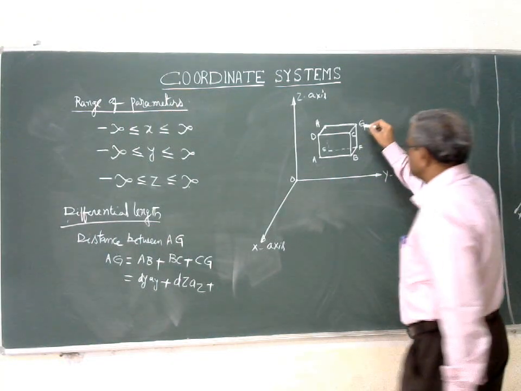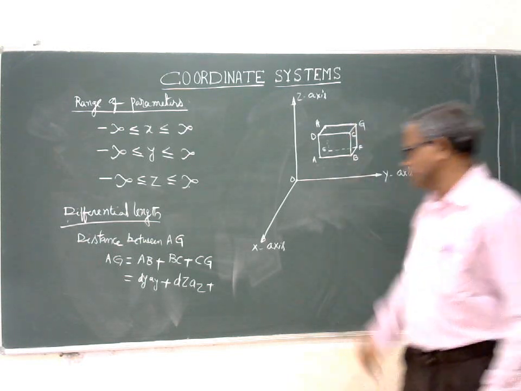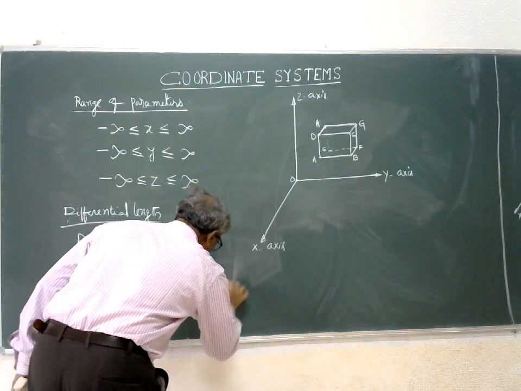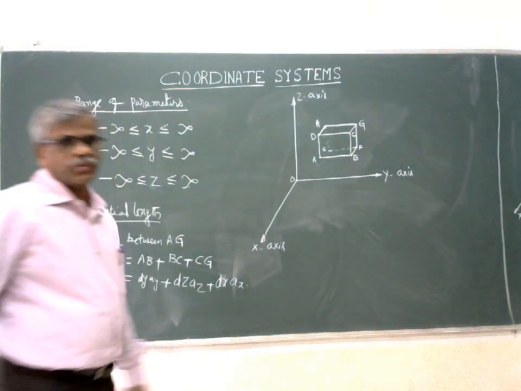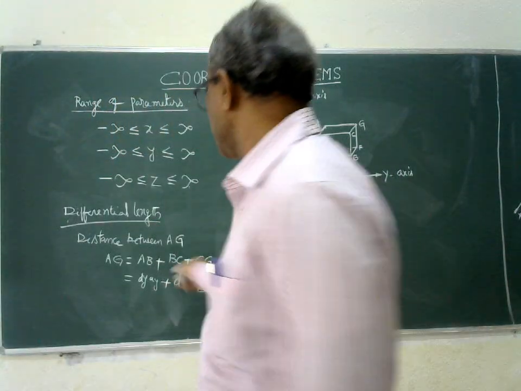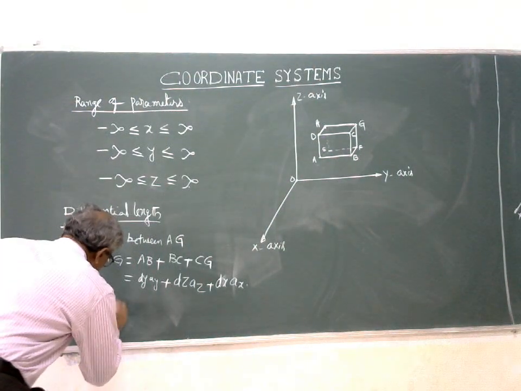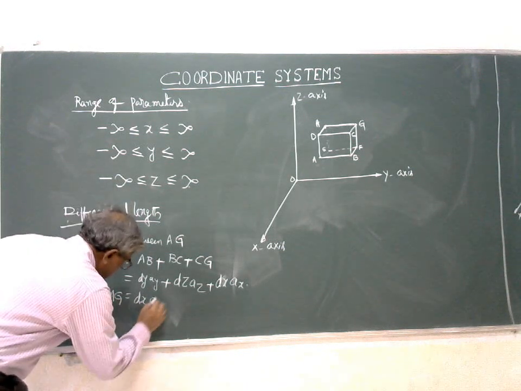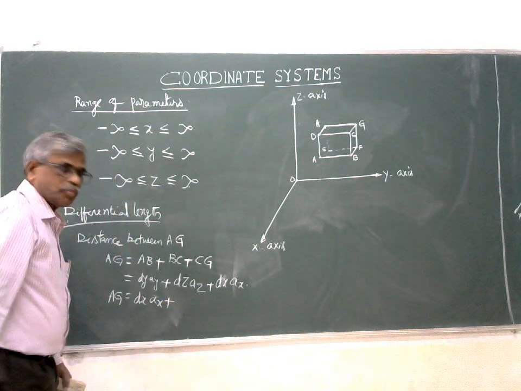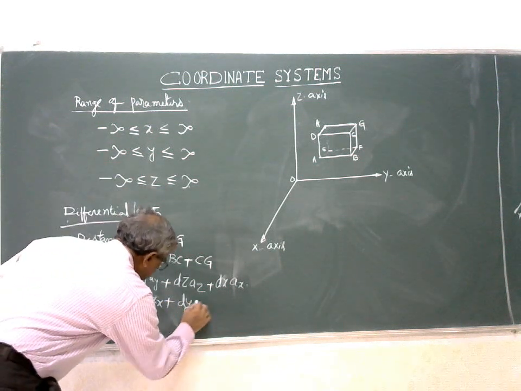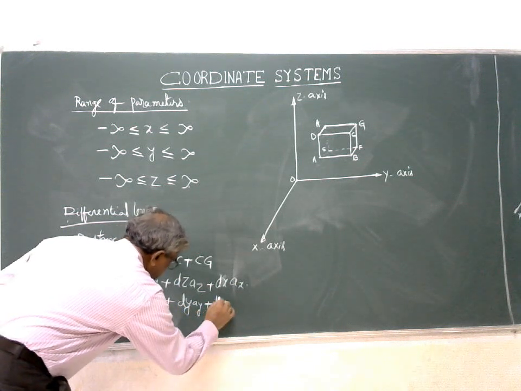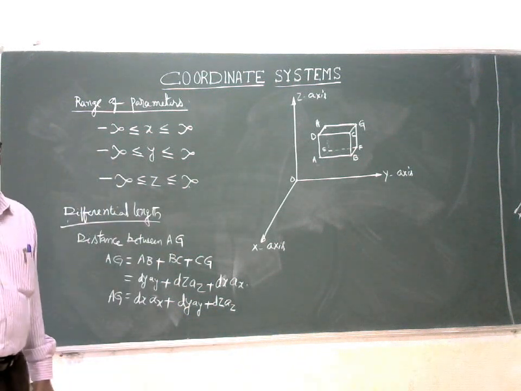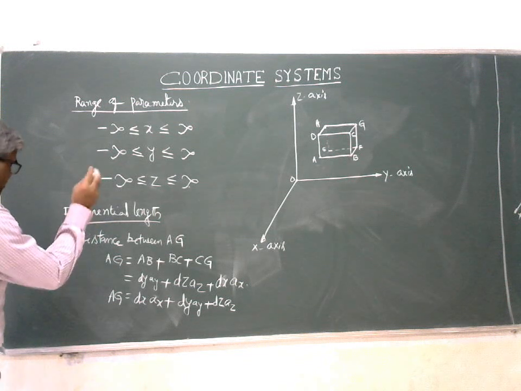Plus CG, which is along the x-axis, so dx ax. Rewriting this, AG is equal to dx ax plus dy ay plus dz az. So this is the elemental distance or elemental length.